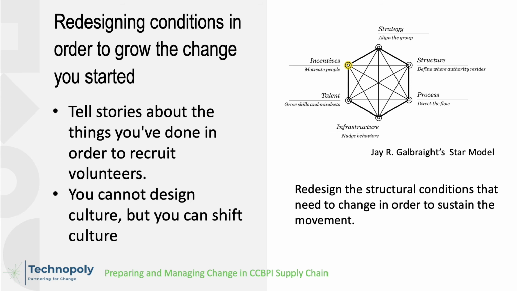Now, redesigning the structure can be followed using Jay Galbraith's STAR model, where he talked about introducing interventions as a strategy, or the structure or the org structure, the processes, or the infrastructure like the systems or the IT, or the people themselves, or incentives to create more motivation. All of these components will now be ideas you can use to influence the leverage points that you have seen in your system map early on.